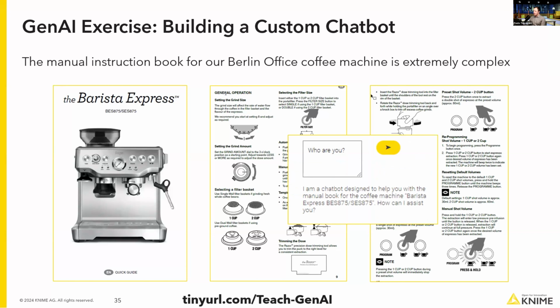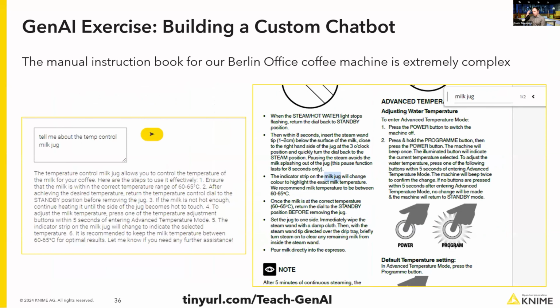This is an example. We ask about a specific term, and the AI can read inside the text and find whether this milk jug will change color to highlight the exact milk temperature, and that the temperature of the milk should be between 60 and 65 degrees, and you can see how the application is able to answer this.